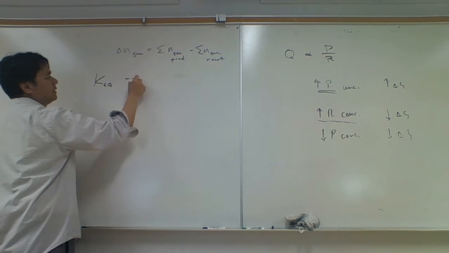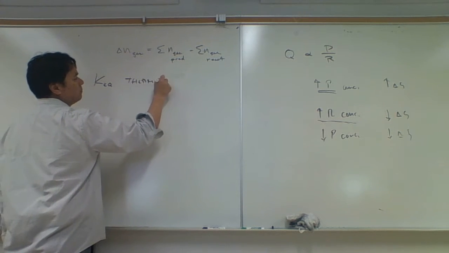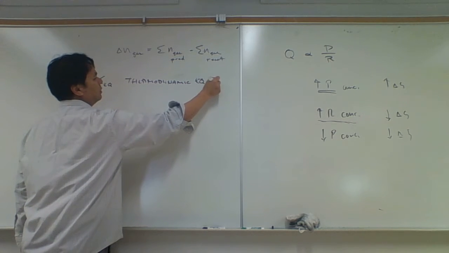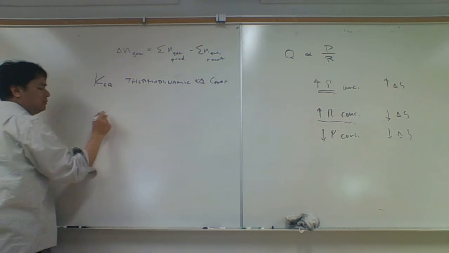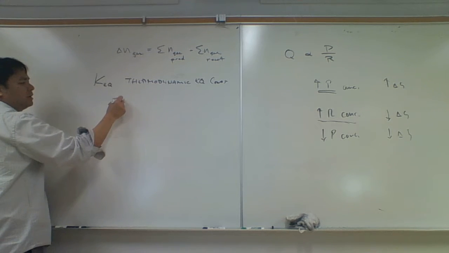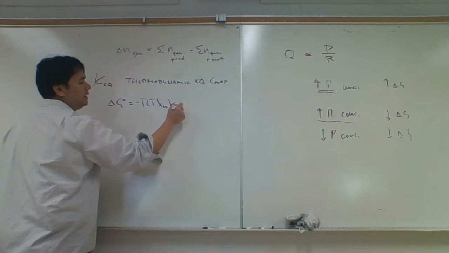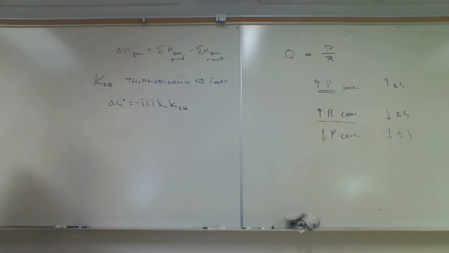This is the thermodynamic equilibrium constant. And so I need to modify the equation I had up there earlier: delta G naught is equal to minus RT ln of Keq. Now what is Keq? Is it a Kc or Kp?